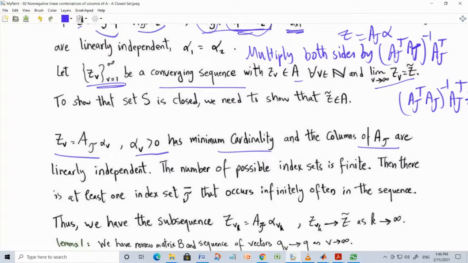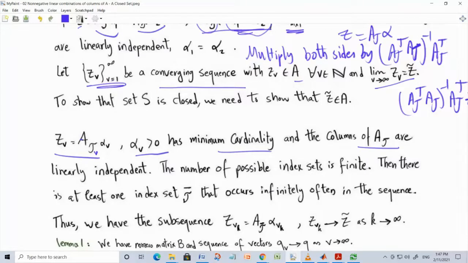The index here will depend on the vector, so it's better in notation to have J as a function of V. You have a sequence, and each vector in that sequence may be expressed in terms of a different collection of columns in matrix A. Who says that all of them will be represented by the same columns?